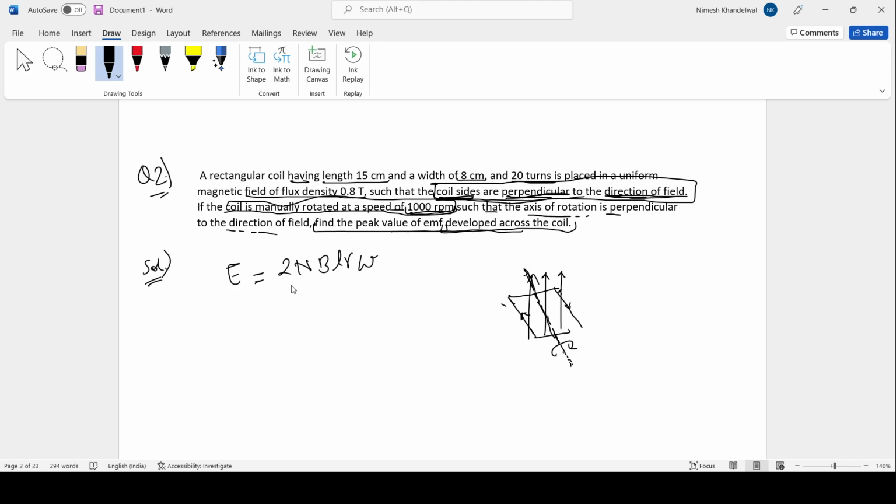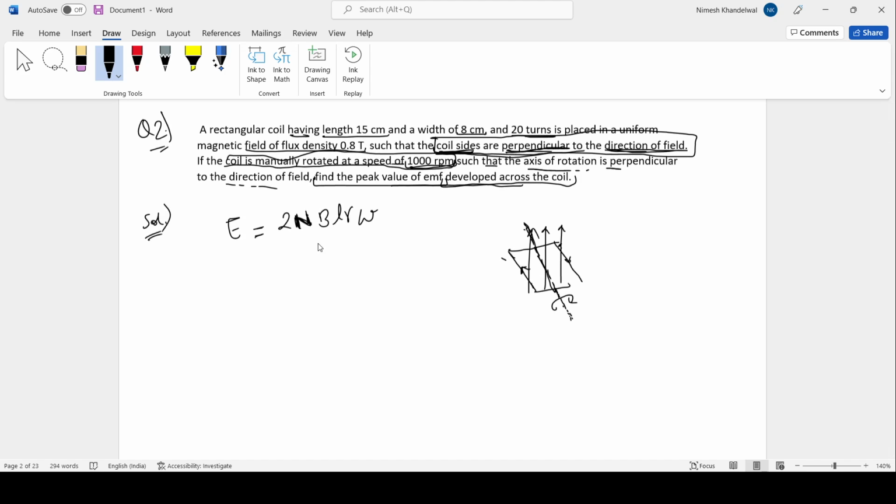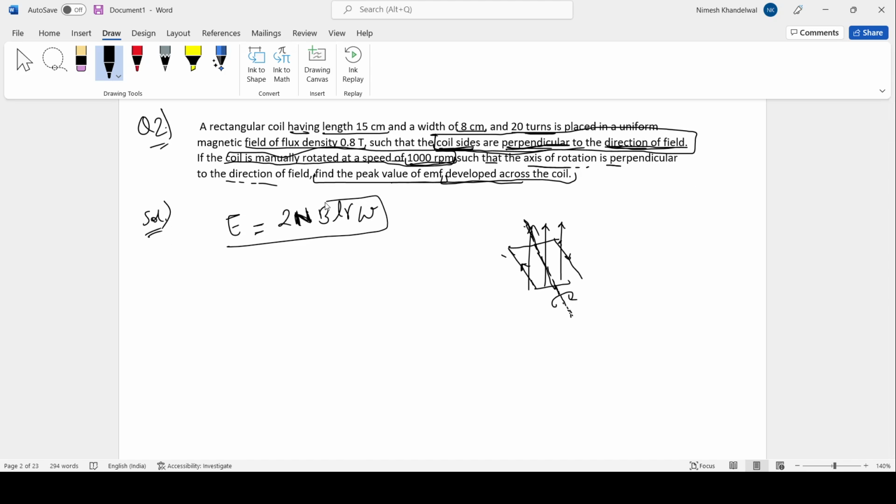The derivation of this you have already seen in the lectures, and if you do not recall what this is, I encourage you to watch the lectures again because it is explained there pretty much. So we write all the quantities that are given to us. N equal to 20 turns.